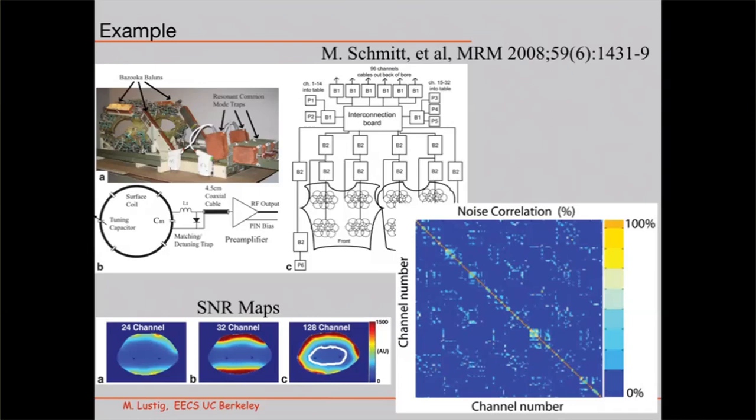Now, in addition to SNR, what people often collect is what's called noise correlation matrices, where they evaluate the noise covariance. First of all, the diagonal part gives you the variance, and the off-diagonal part is the covariance part.